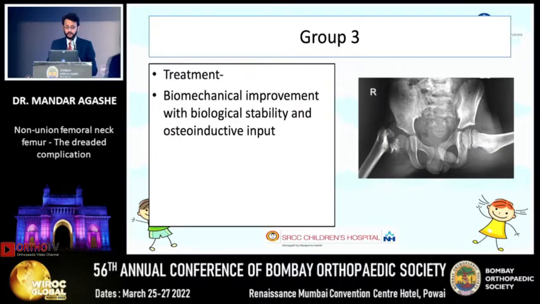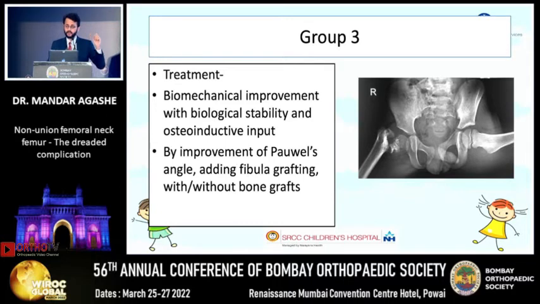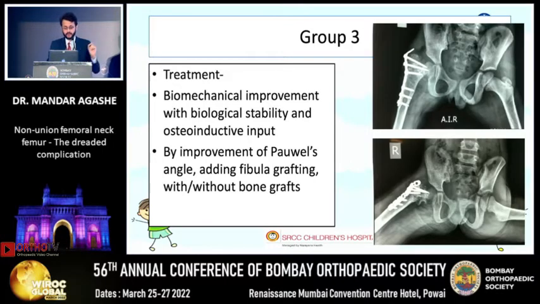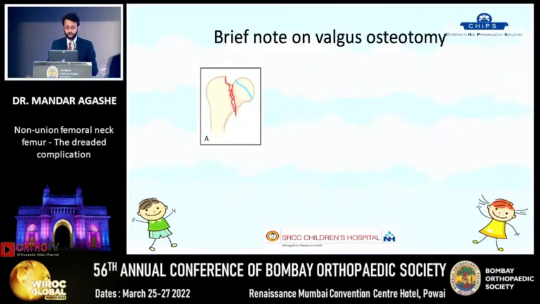The treatment here is you have to improve the biomechanics, you have to give a biological strut, and you also have to give some osteoinductive input by adding a Powell's valgus osteotomy with a fibula graft and with or without some bone graft in the interim. This same fracture can be treated like this. You can see that the fracture has now healed. We now have to treat the LLD later on.